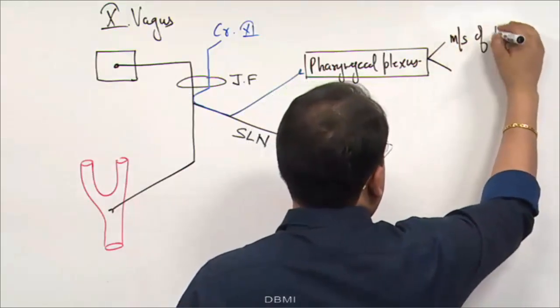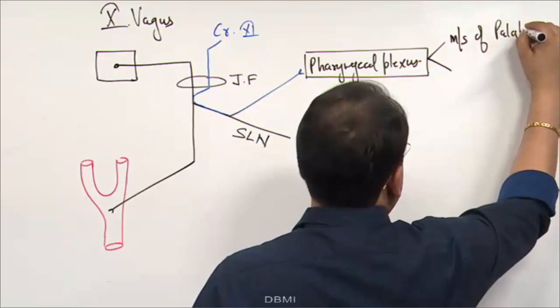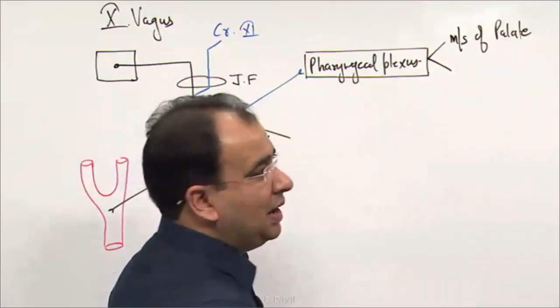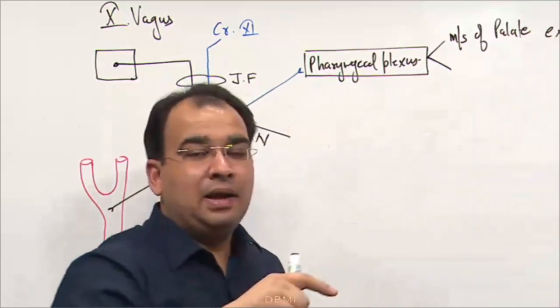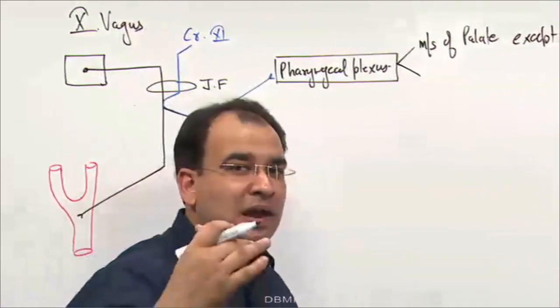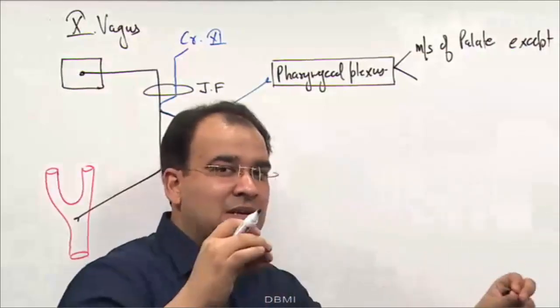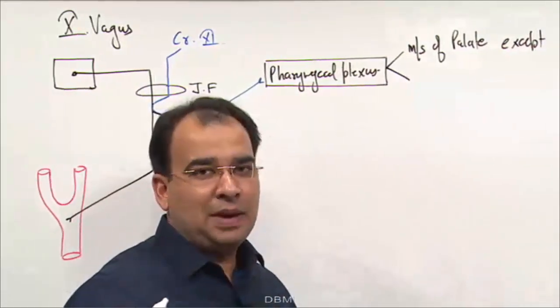The pharyngeal plexus supplies the muscles of palate, except the one which is supplied by the mandibular nerve. Now what is the muscle of palate supplied by the mandibular nerve? The tensor muscle. Remember, both the tensors are supplied by the mandibular nerve.